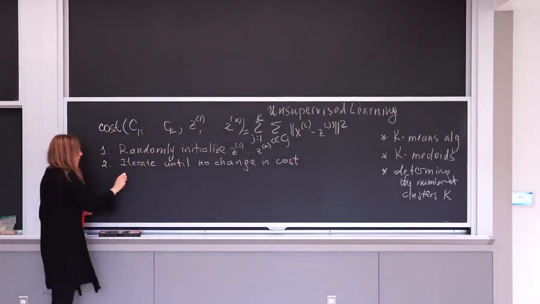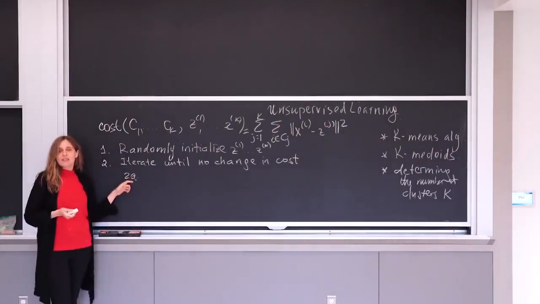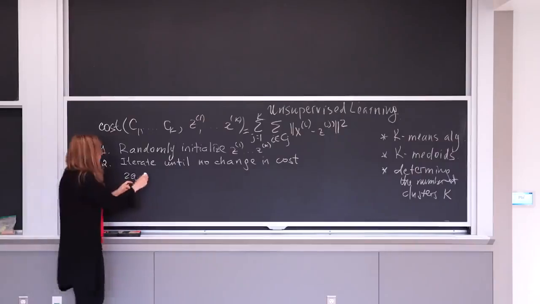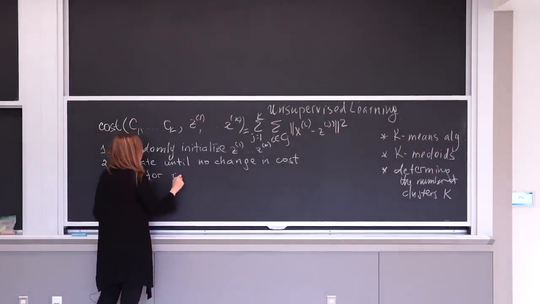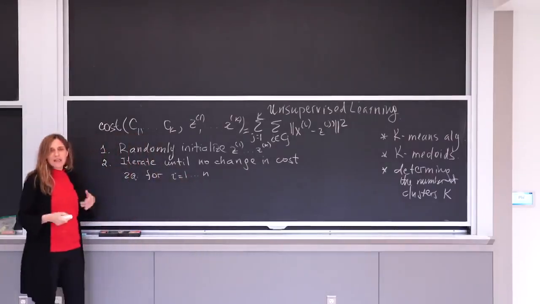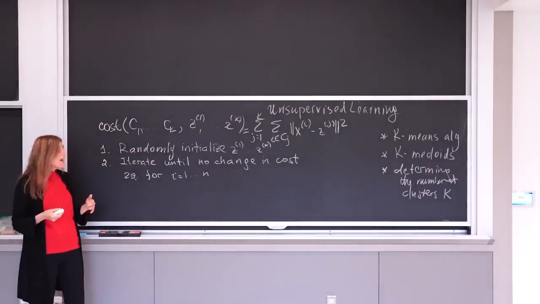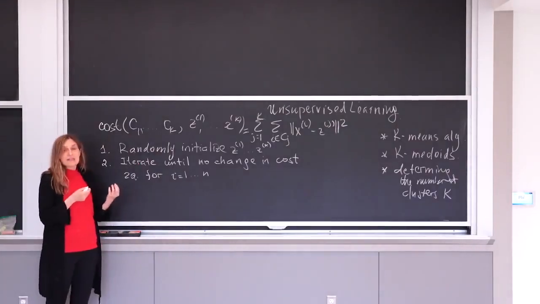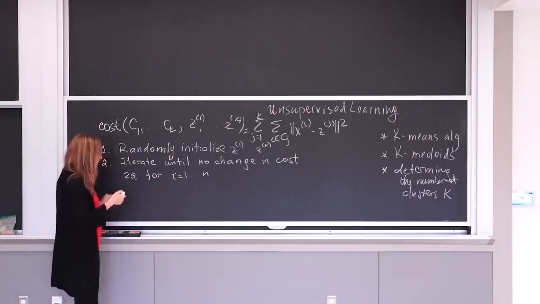For the first step of the algorithm, which we'll call 2a, we go through all the points in our set, for i from 1 to n, and for each point we find the cluster whose centroid is closest to this point.